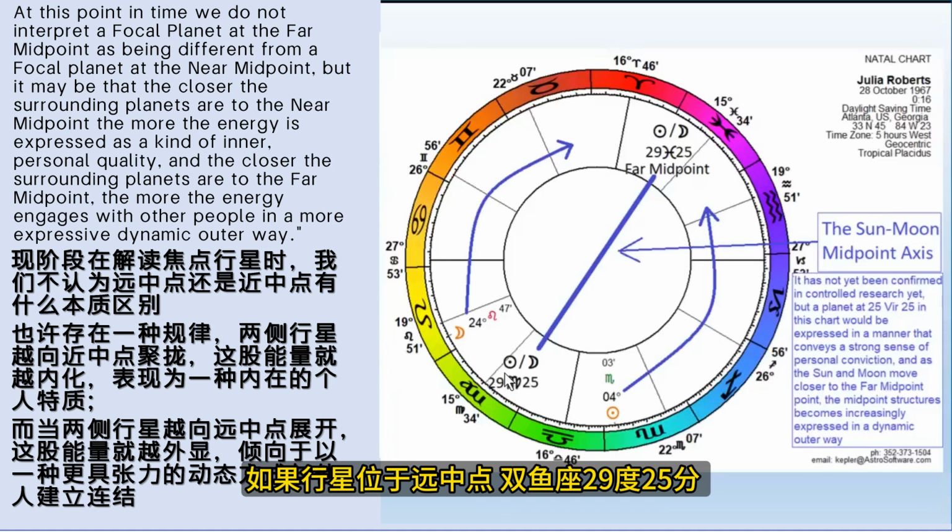And if the planet is at the far midpoint, at 29 Pisces 25, it's a more dynamic and expressive combination.